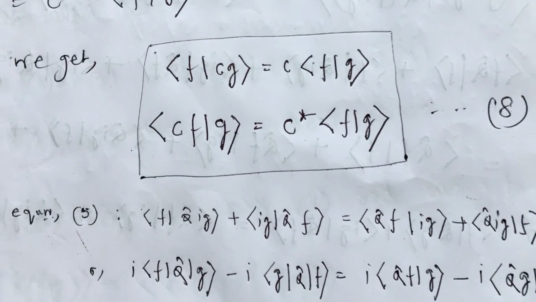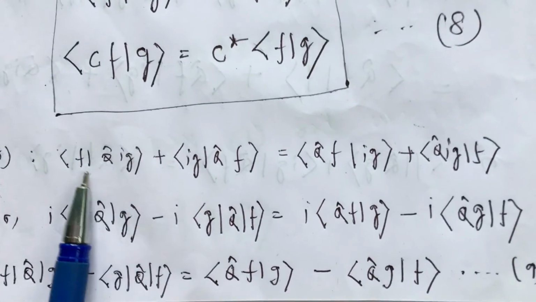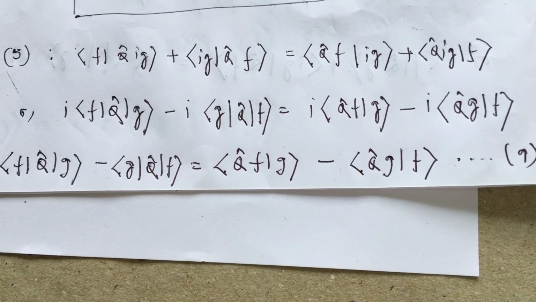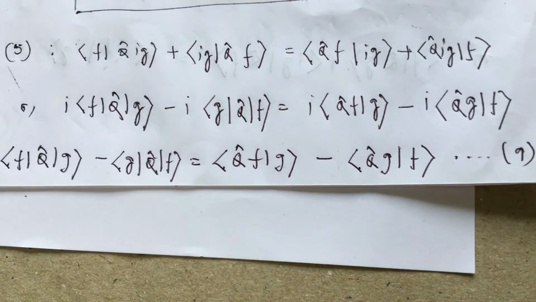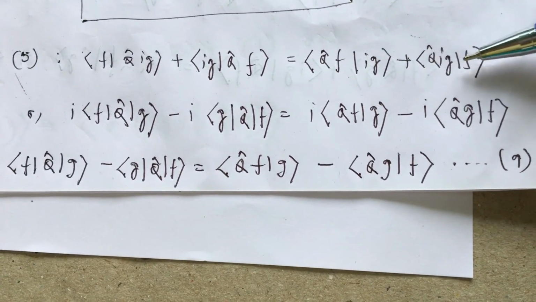And I am using equation 8 in equation 5. My equation 5 looks like this: fQig plus igQf equal to Qfig plus Qigf.